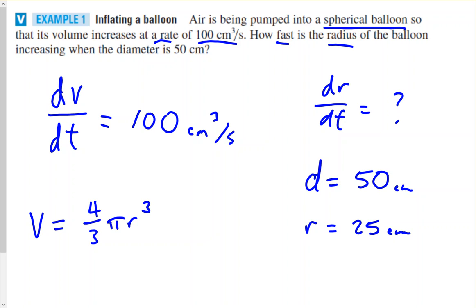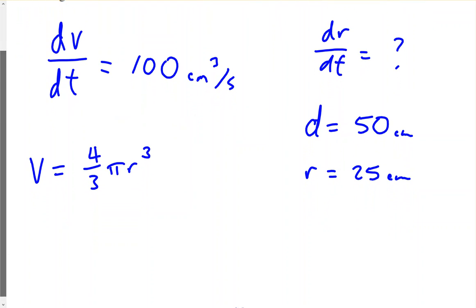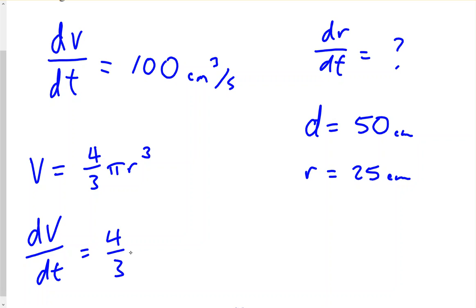If we take this formula and differentiate with respect to time, that will give us dV/dt equals 4/3 pi.